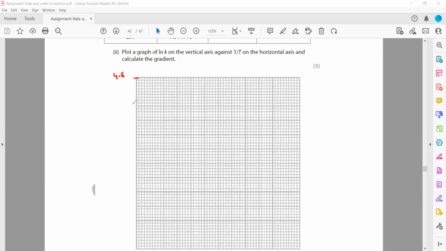If I start with 4.8, then after 10 boxes, for example 4.9, then 5.0, then 5.1, and so on.